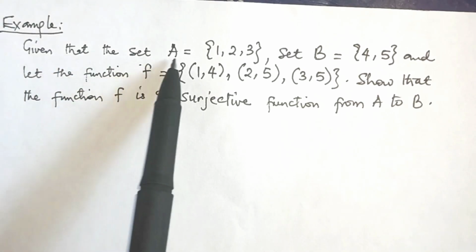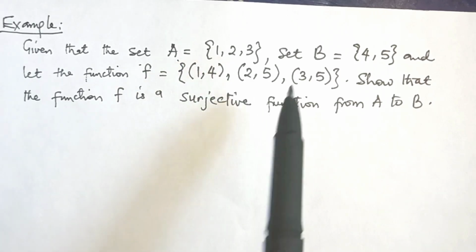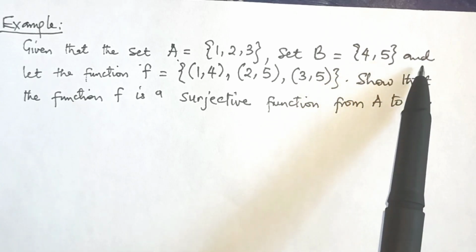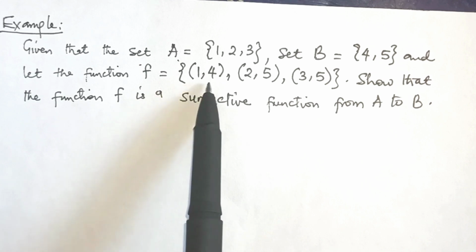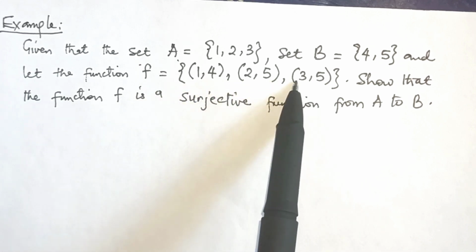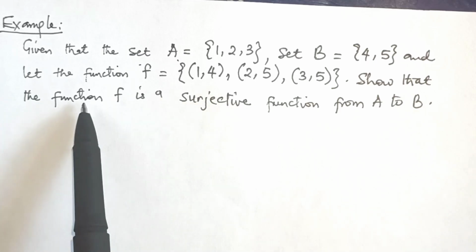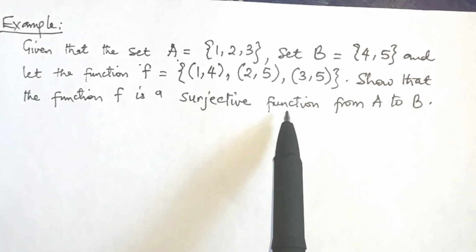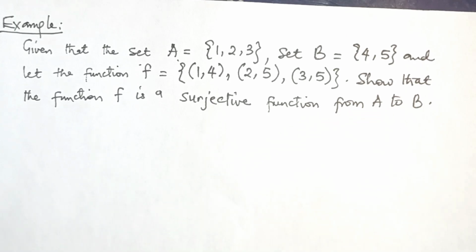Given that the set A is equal to {1, 2, 3}, set B has the elements 4, 5, and the function f has these elements, show that the function f is a surjective function from A to B. Okay.